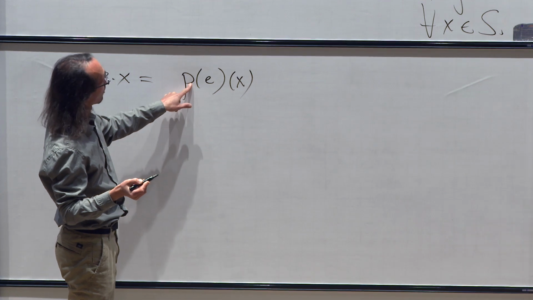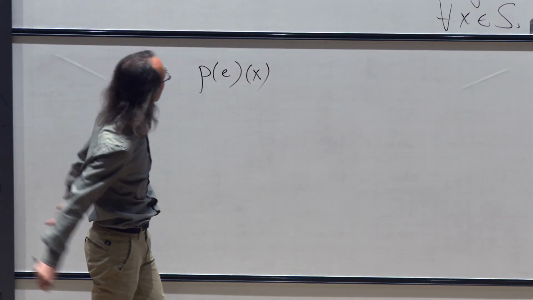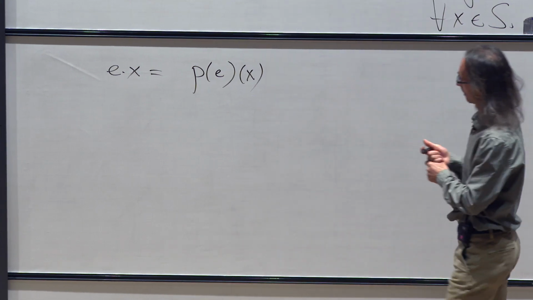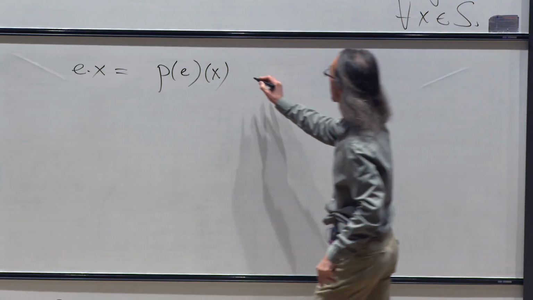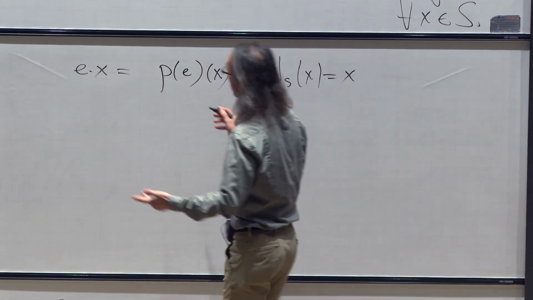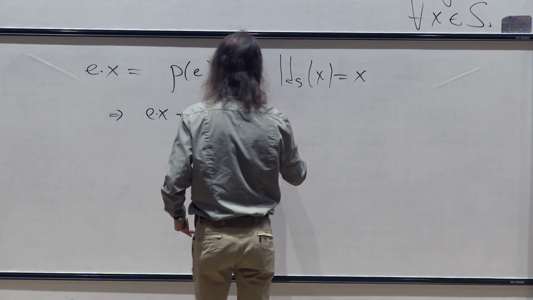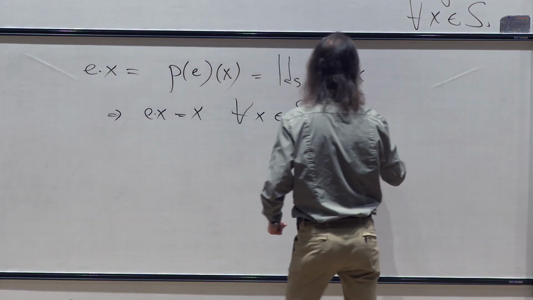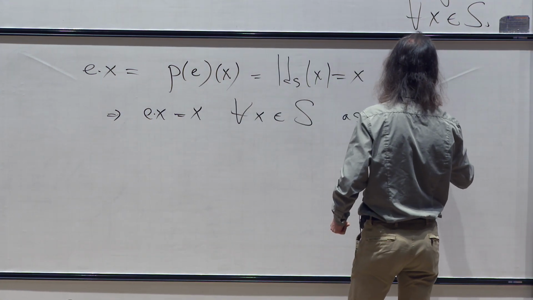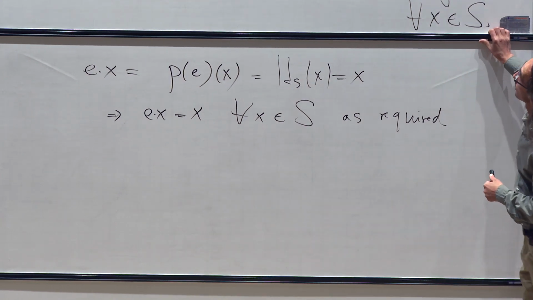But a homomorphism sends identity of the group to the identity of the image, which is the identity map on S. So this is the identity map on S applied on x, which is x itself, and hence e·x is equal to x for any x in S as required as well.